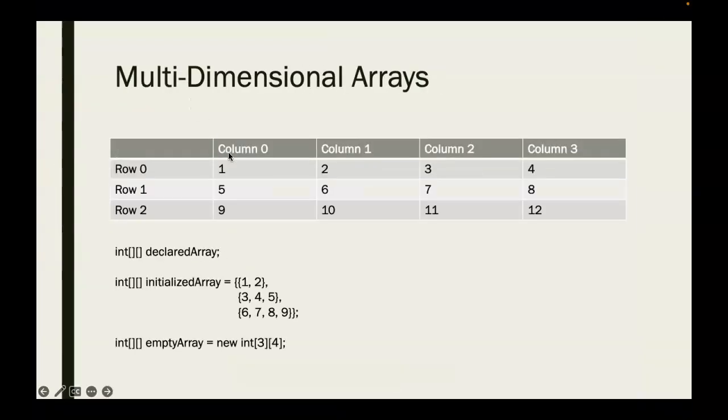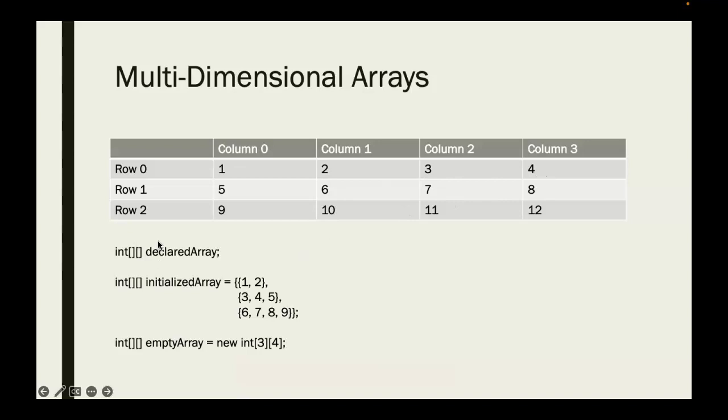For multi-dimensional arrays, think of them as arrays within arrays. For the first element here, 1, it has its own array, which in this case is called a column. So in column 0, we have 1, 5, and 9, and in row 0, we have 1, 2, 3, and 4.